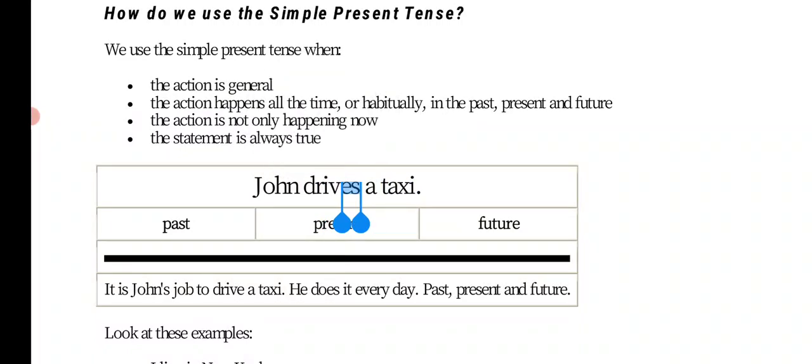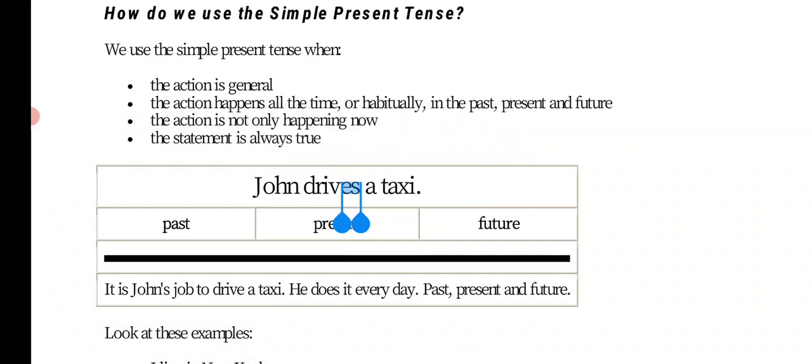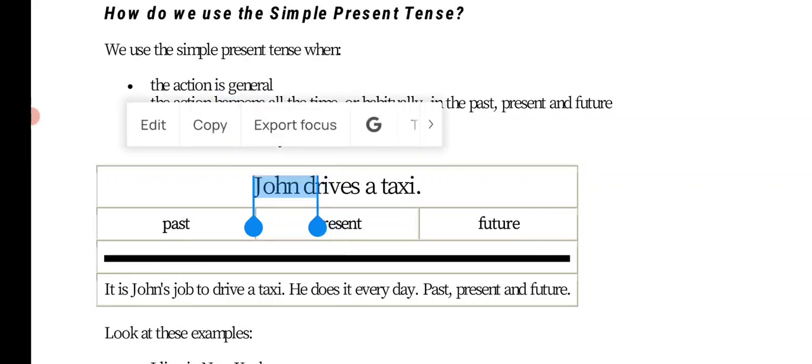Always remember, in the present tense, suppose I am the first person, I am talking, and you're the second person because I am talking to you. And whenever we talk about the third person in simple present tense, the main verb always takes the form of es, like in this particular sentence, because I am talking about John.